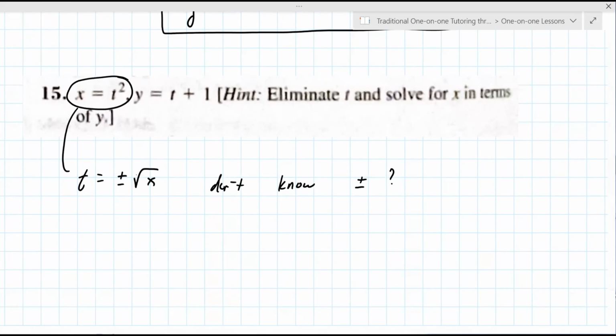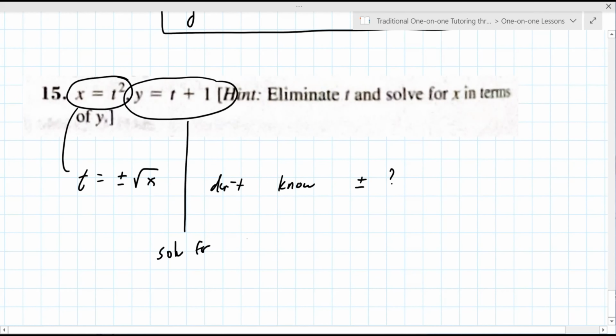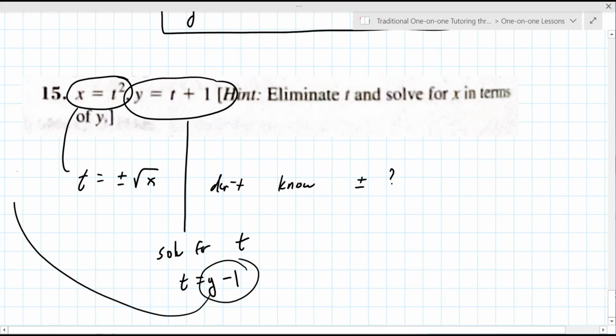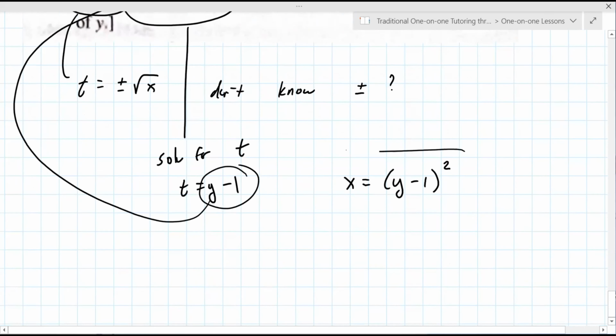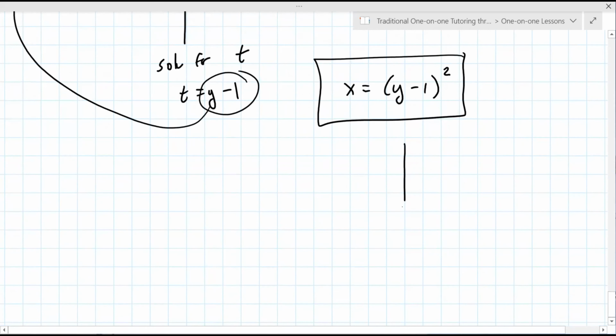If you want more explanation on that, I can give it to you, but I don't recommend that. The exception here is that you solve for t in this one. So t is y minus 1, and then that's what goes into this other equation. So x equals y minus 1 squared, and this is done. This is totally correct. You may not like it, but it's completely correct.